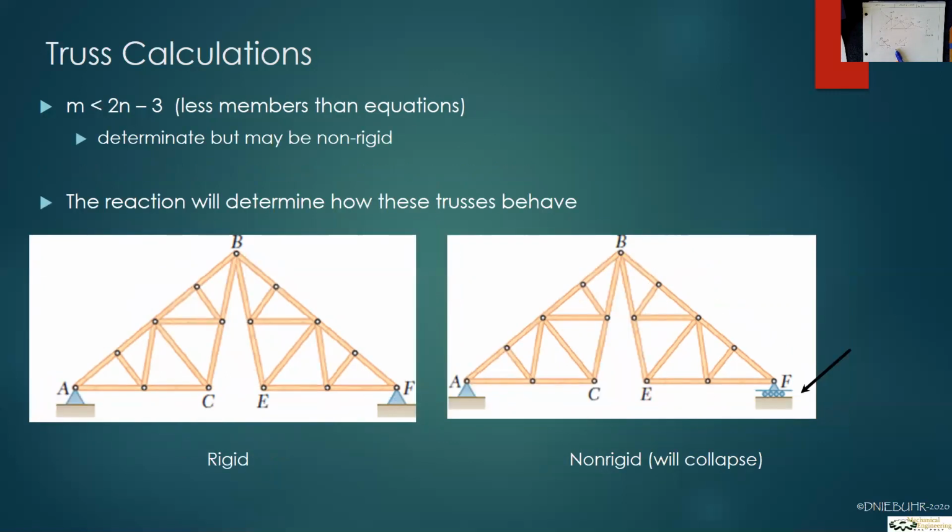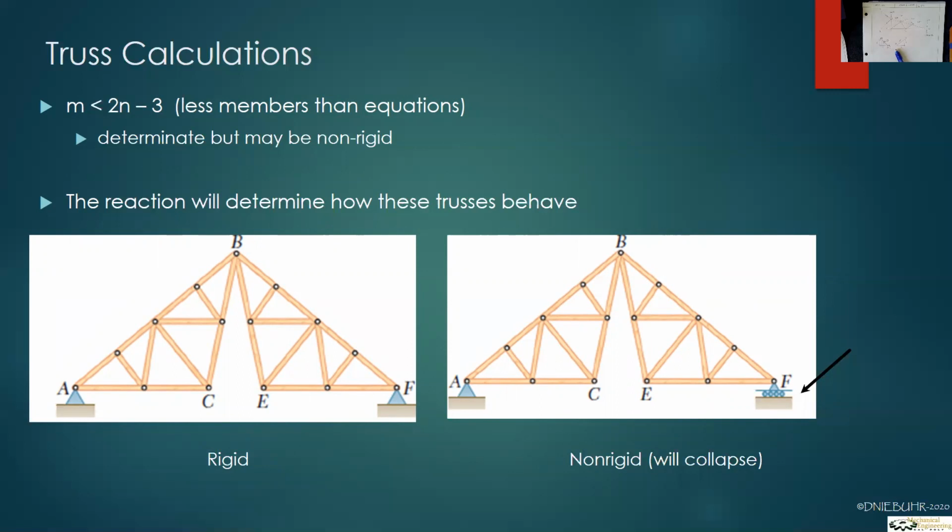Another concept is if, instead of being greater than 2n minus 3, it's less than 2n minus 3. In that case, you're determinate because you have enough equations compared to the number of members, but the truss may not be rigid. For example, if you look at these two trusses here, and of course we have to include the reactions at the bottom, the left truss has A and F both having an X and Y component, whereas the truss on the right has a roller, which is what we're used to seeing.